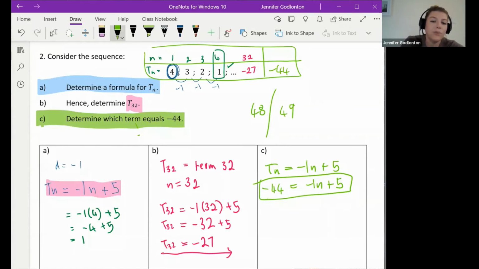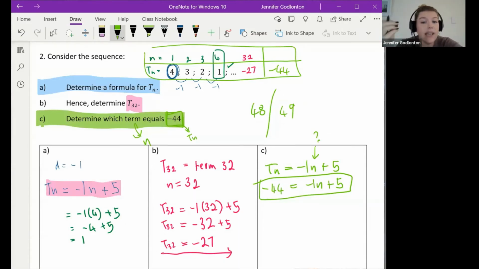They've asked us which term, so they're saying which n value. That means we don't know what that n value is, but they're telling us that whatever term number it is, our Tn value would be negative 44. So we're just putting it into our first equation, which was Tn equals negative 1n plus 5.